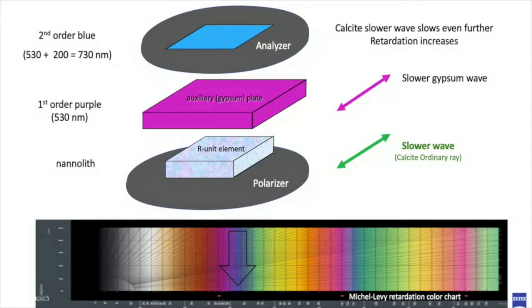In this condition, retardations of calcite and gypsum add to each other. The retardation of the gypsum plate, 530 nanometers, plus the original retardation of the calcite crystal, 200 nanometers, equals 730 nanometers, and this corresponds to the second order blue on the Michel-Levy chart.